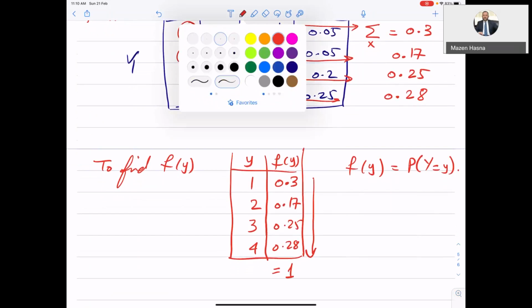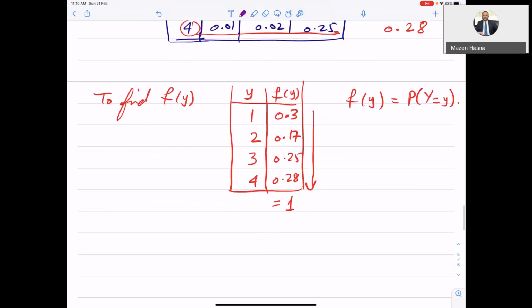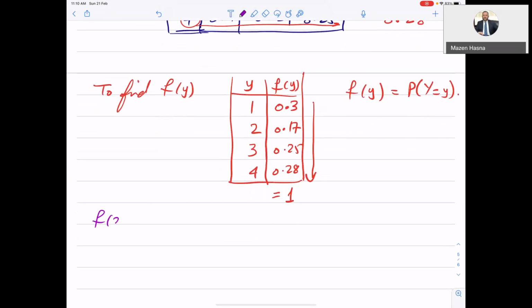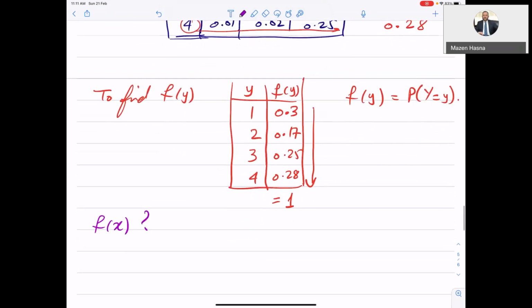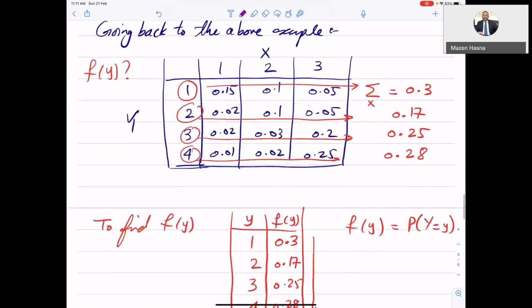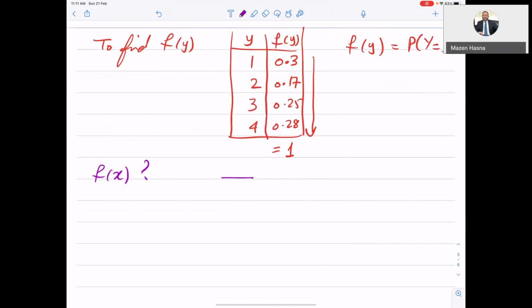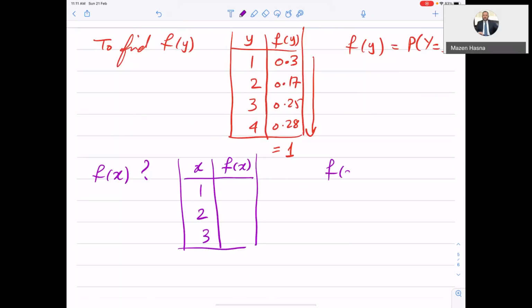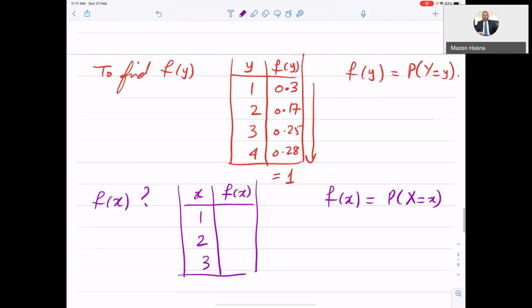How about f of x? X has 3 values, 1, 2, and 3. So you should give us x, f of x, 1, 2, 3. And what's the value of f of x? Again, f of x is simply probability that X equals small x.